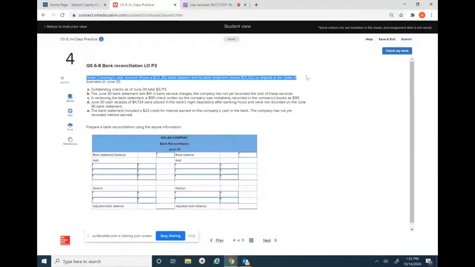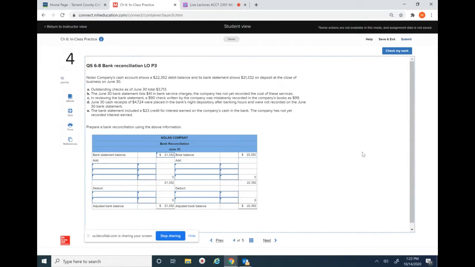So this here is my starting point, this first sentence. I know that per the bank statement, the company has $21,332. However, the company's accountants state that on the company's books, the balance of the cash account is $22,352.